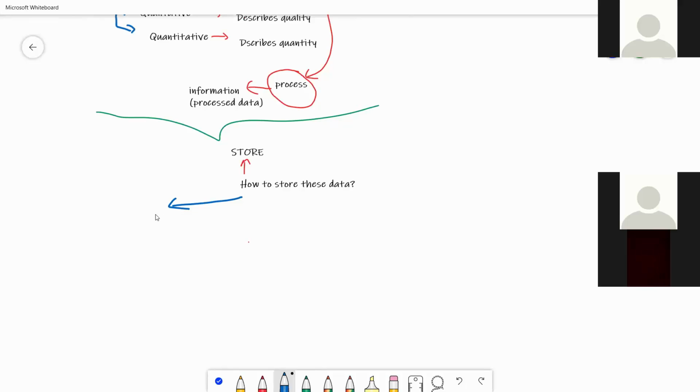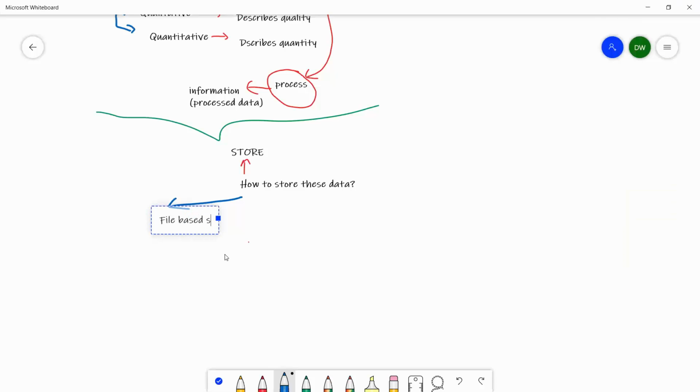On one side, I'll write something like this, and on the other hand, I'll write another thing called DBMS, right? So when we want to store data, we have two options given. One is a file-based system and the other is a database management system, right?